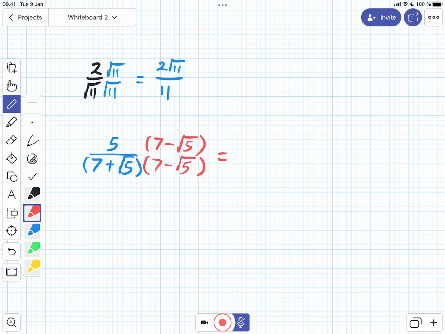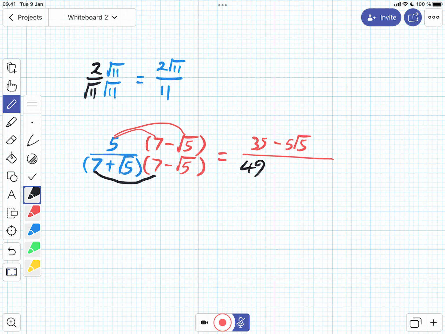So 5 times 7 on the top is 35, and 5 times minus root 5 is minus 5 root 5. And then on the bottom, if you watch the question 1 video, you'll see something interesting happens. 7 times 7 gives you 49.